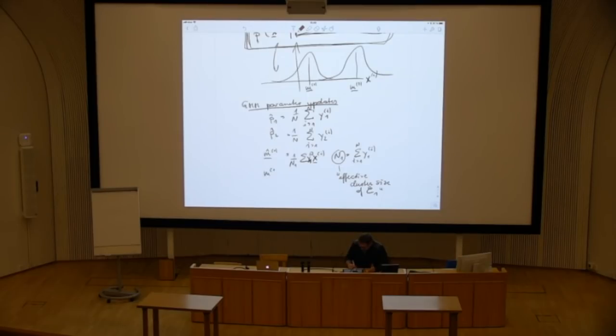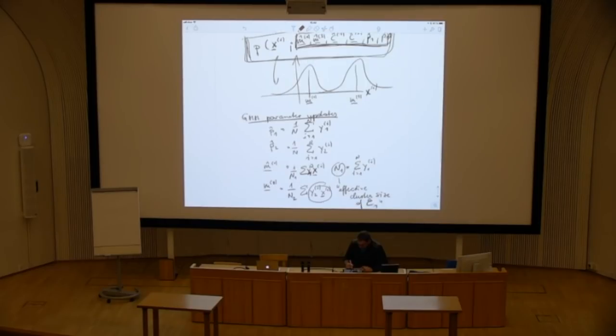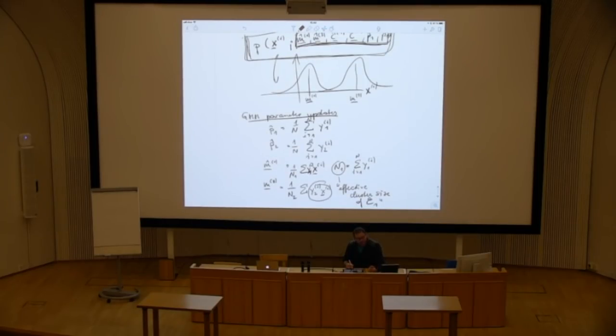And the same game for mean vector 2. You normalize by the effective size of cluster 2, and you take the sample mean, or the weighted sample mean, using the degrees of belonging to cluster 2. So this here makes sure that if a data point belongs to cluster 2 only 50%, or 0.5, then this component in the sum for the mean only has weight 0.5.